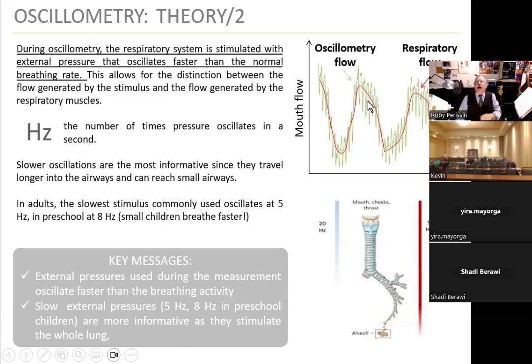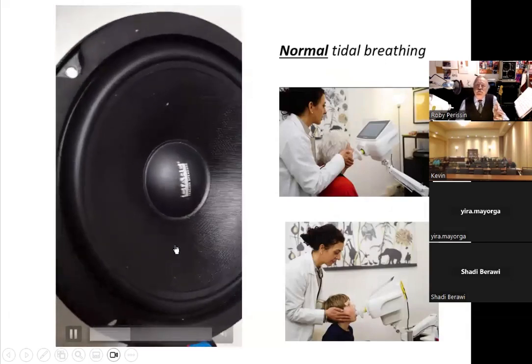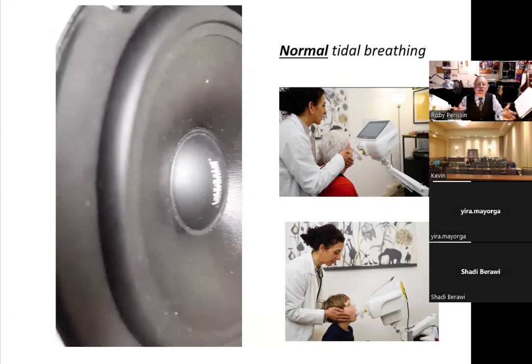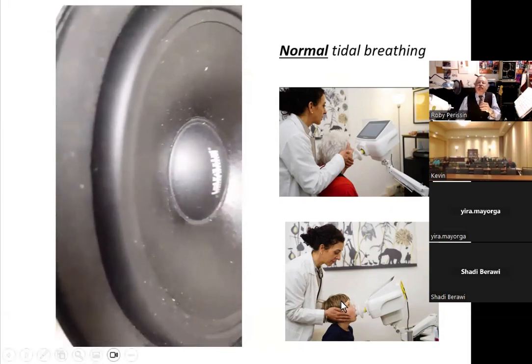The frequencies are overlaid to normal tidal breathing. So if you can see the loudspeaker, this is what happens inside a forced oscillation technique device. There is a large loudspeaker that vibrates, and the patient is just sitting in front of the device.